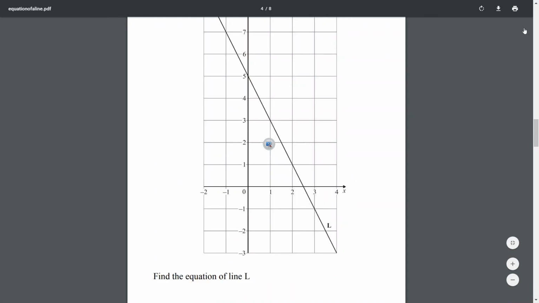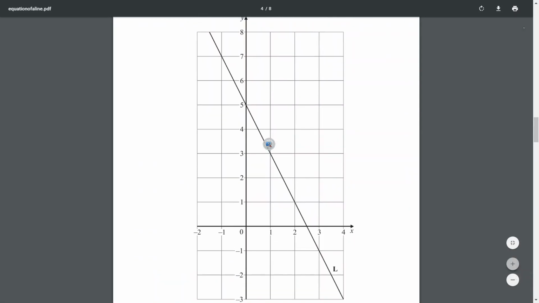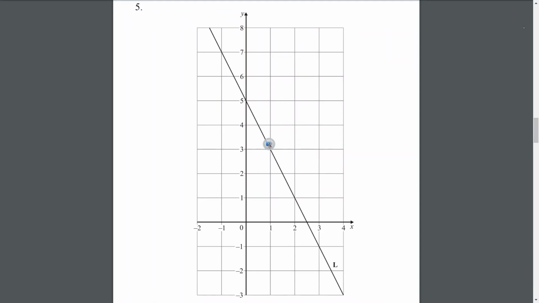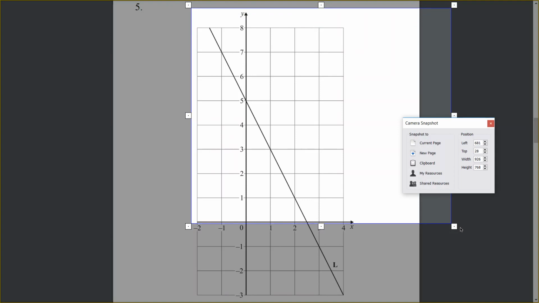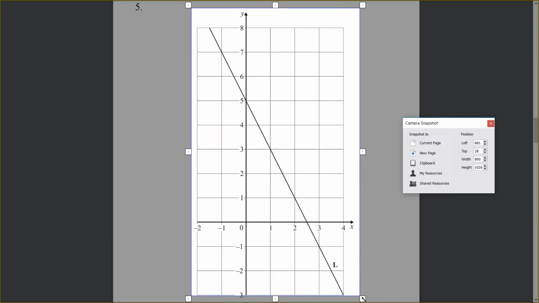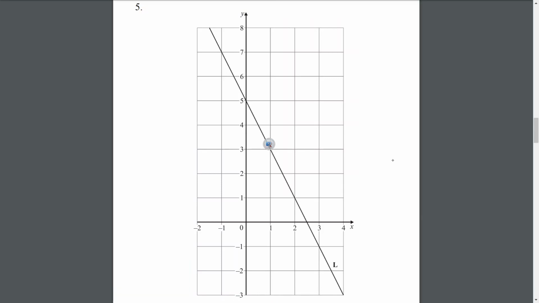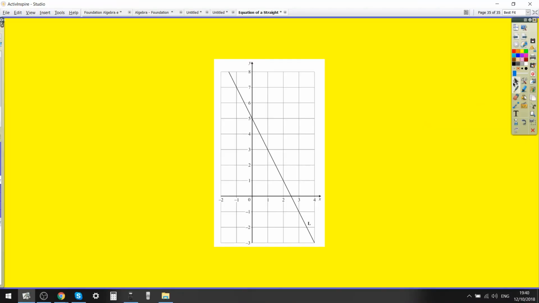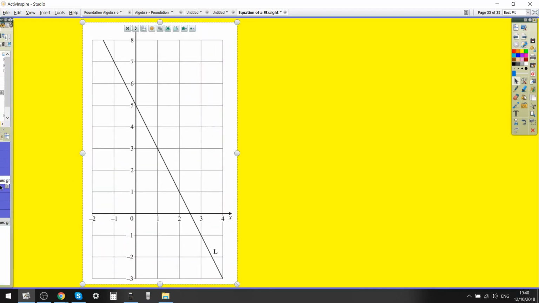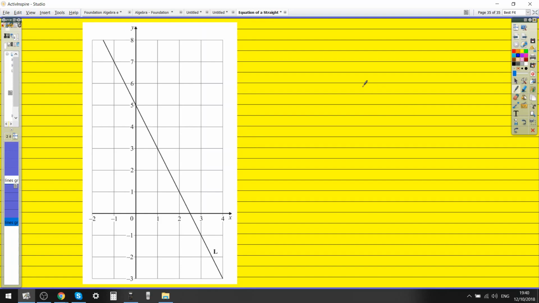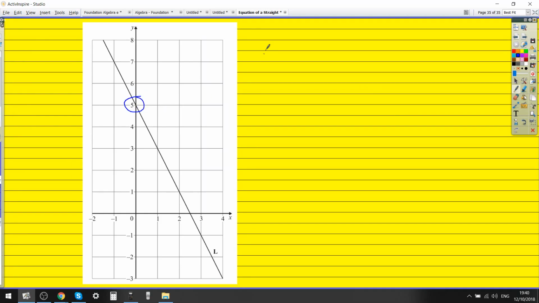Let's see. So they want you to find the equation of this line. So two coordinates that I can see are 0, 5 and 1, 3.